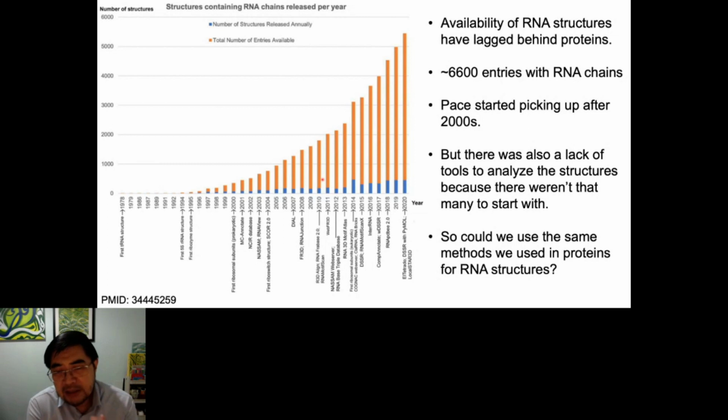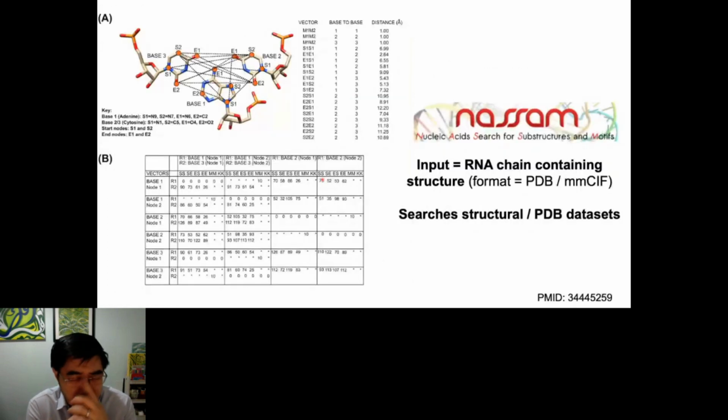So using a similar scheme to what we were using for amino acid side chains, we're able to use it also for RNA bases. And in this particular case you can see a very similar arrangement.